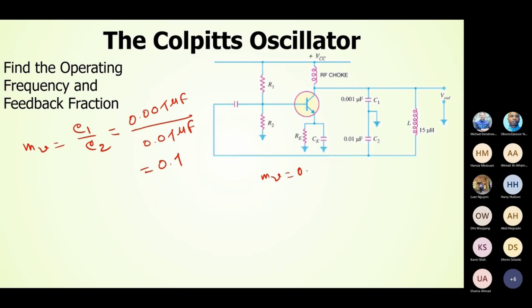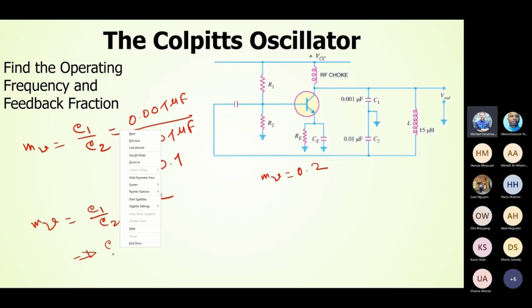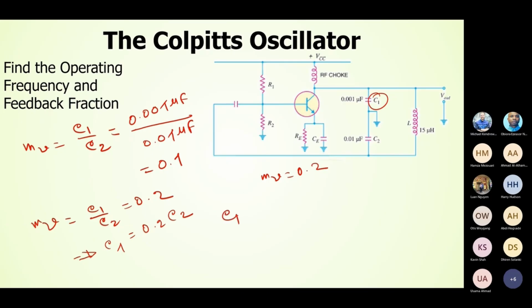So let's say we consider our MV equal to 0.2. So MV equals C1 by C2 equals 0.2, or C2, sorry, C1 equals 0.2 C2. So now let's say we select the value of this C1. So for a given C1, what would be the value of C2?